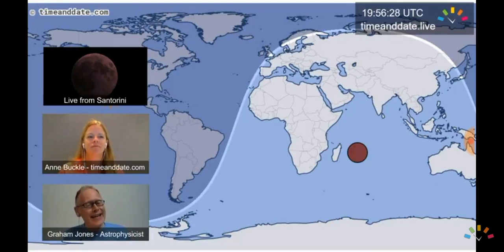So if you're on the nighttime side of the Earth, if you can see the moon, it should be impossible to see the sun. So how come it is possible that you can see both objects at the same time during a total lunar eclipse? This is one of those curiosities about a total lunar eclipse.